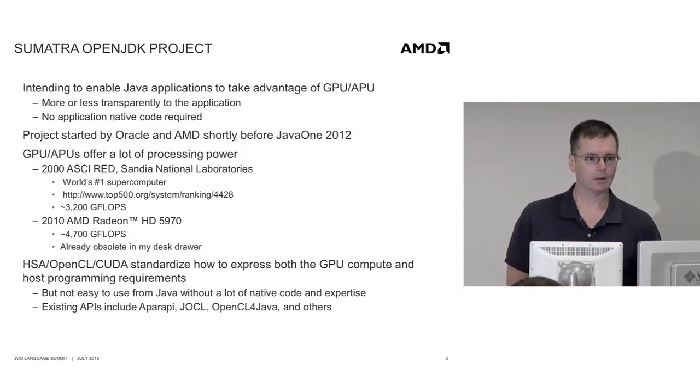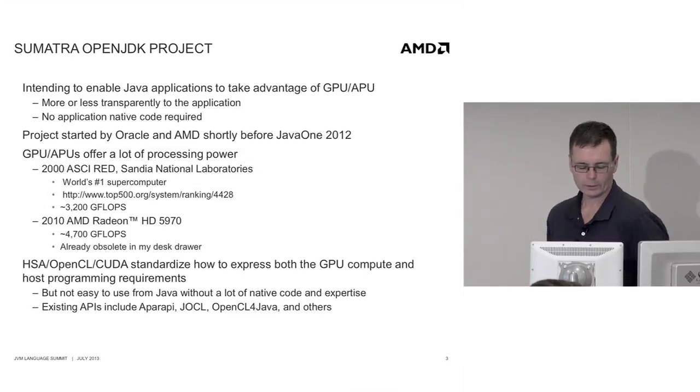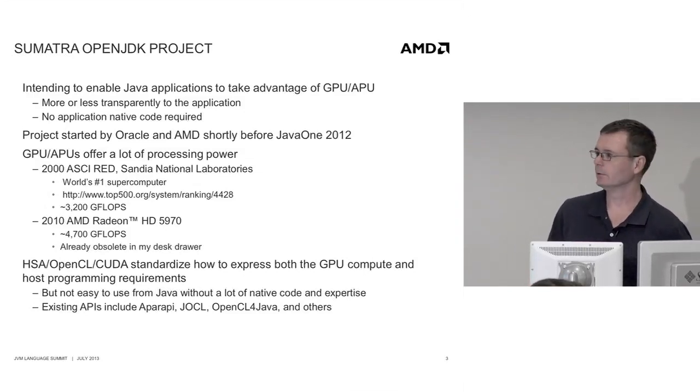So there's really a lot of power that you can take advantage of if we can just connect the dots. There are some existing solutions already to enable offloading, but they require more or less customization or native code to be able to do it, and it's not perfectly straightforward, and that's why we are hoping to integrate this directly into the JDK.